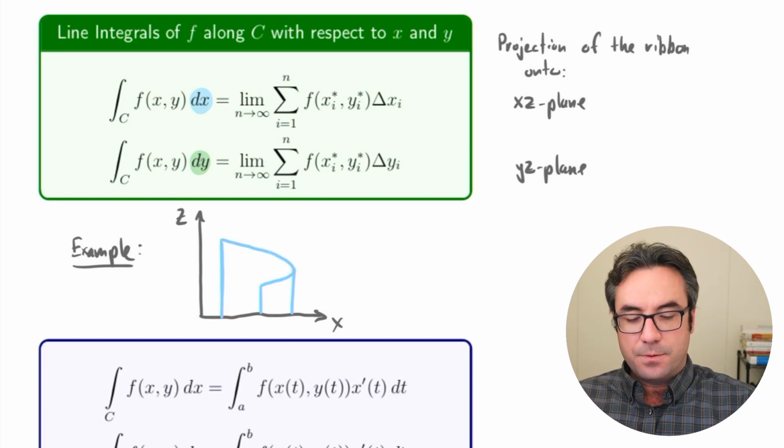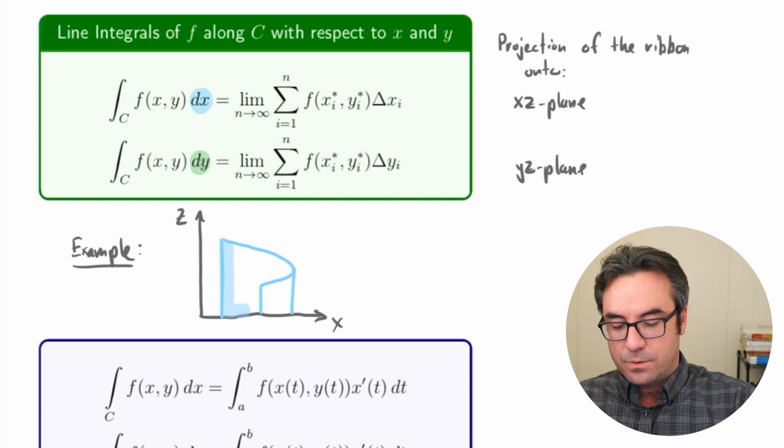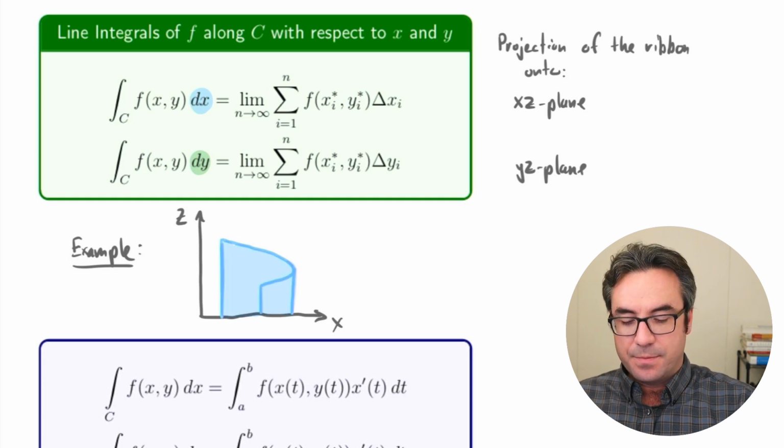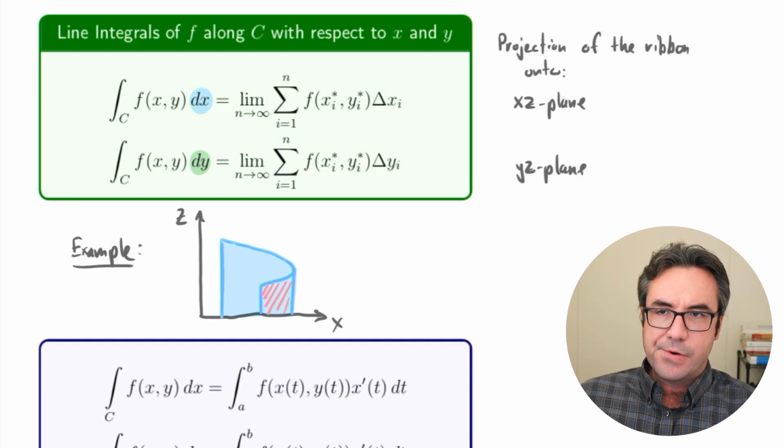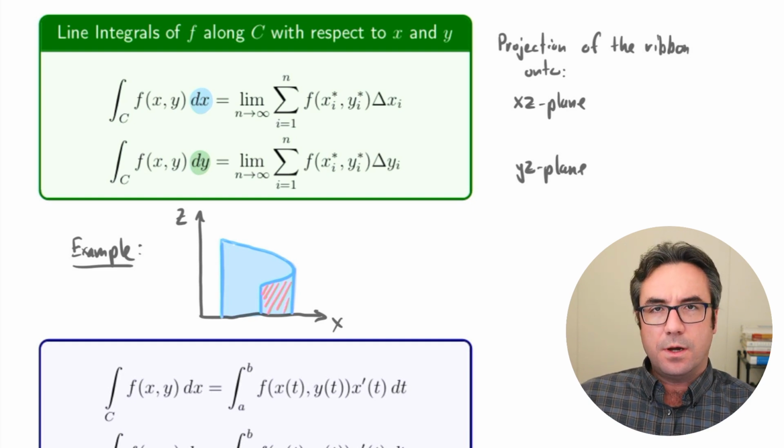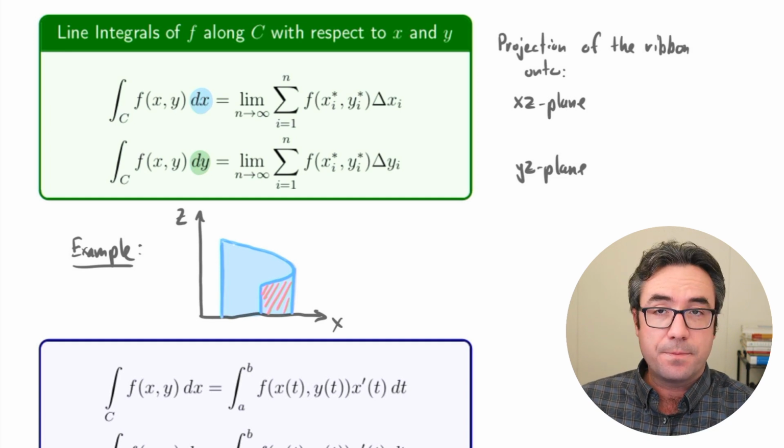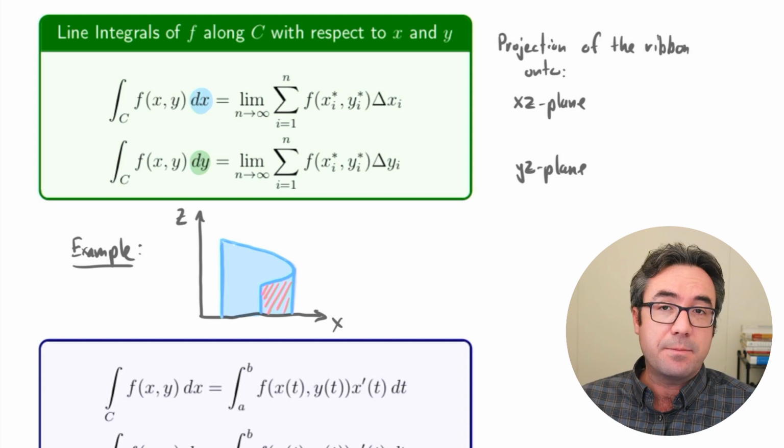And so there's a little bit of overlap. We have this section here that we've folded back on itself. Also, with a curve, there's a start point and an ending point.